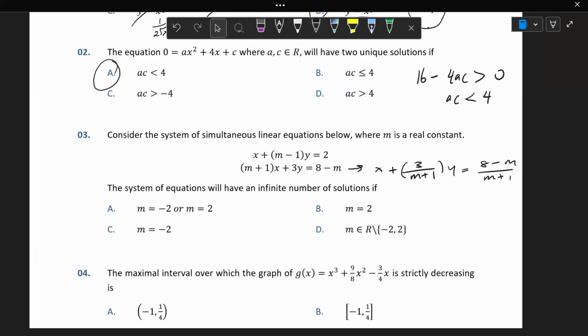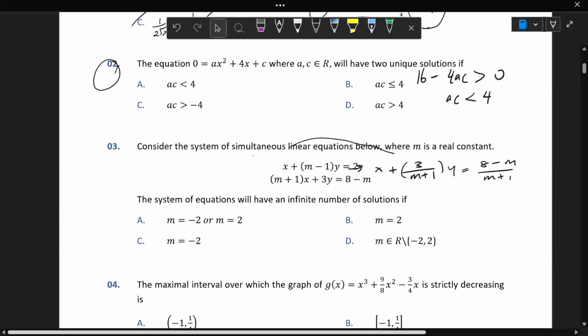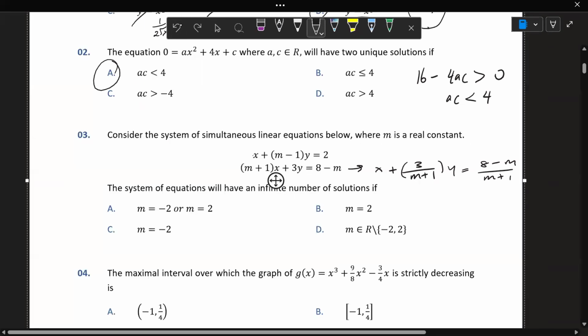So x should equal x. And then m minus 1 should equal 3 over m plus 1, and 2 should equal 8 minus m over m plus 1. So here 3 equals m plus 1 times m minus 1. So m squared minus 1 equals 3, m squared equals 4.